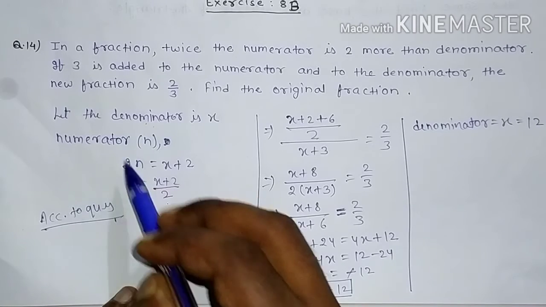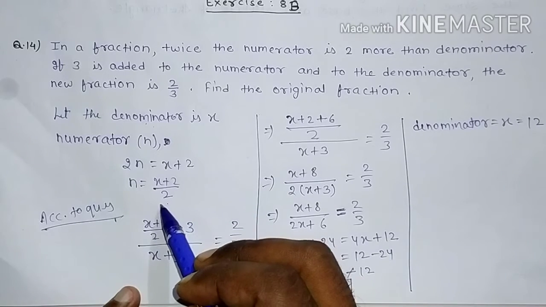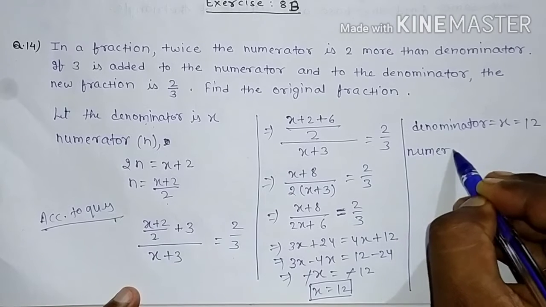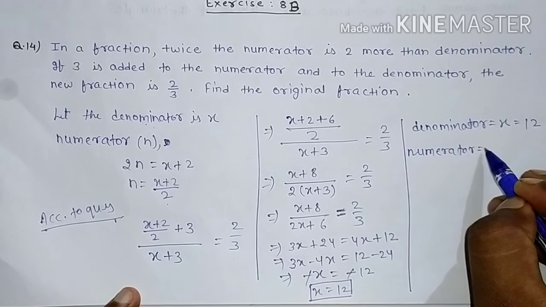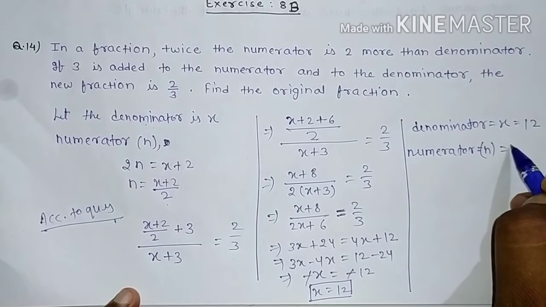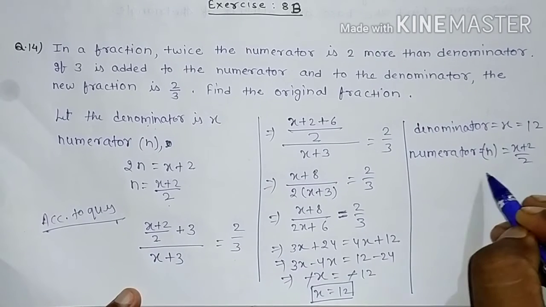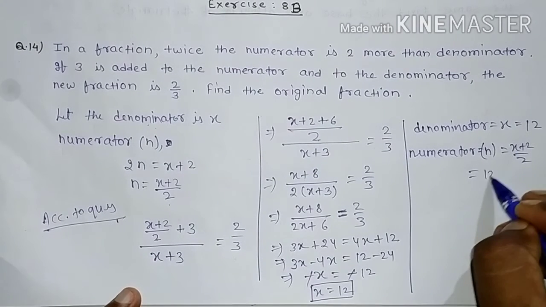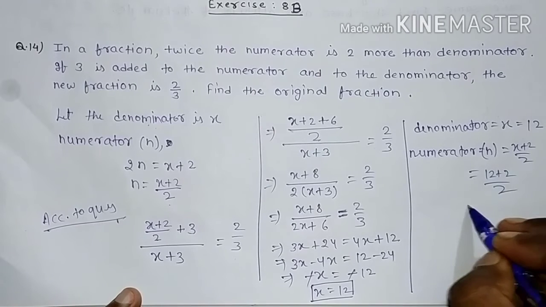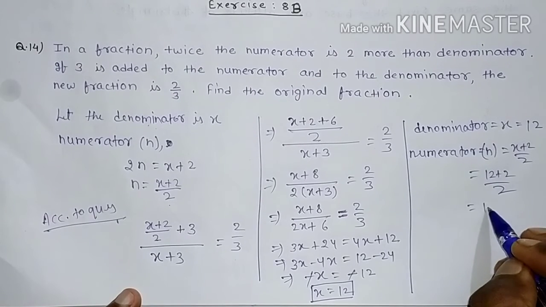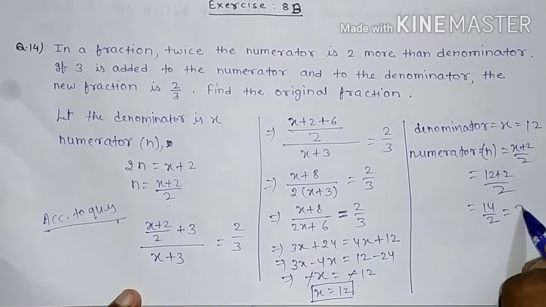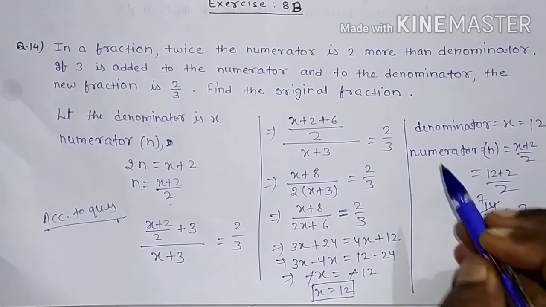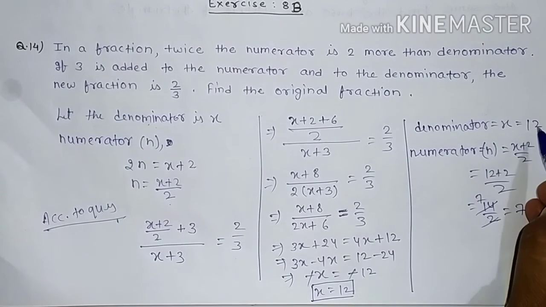Now the numerator is n here, n equals (x plus 2) by 2. Just put the value of x here, so x equals 12, so this is 12 plus 2 divided by 2. 12 plus 2 that is 14 divided by 2, so 2 sevens are 14, it will be cancelled out, this is 7. So numerator is 7 and denominator is 12 here.